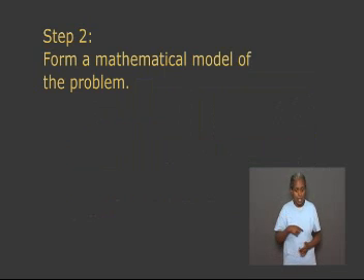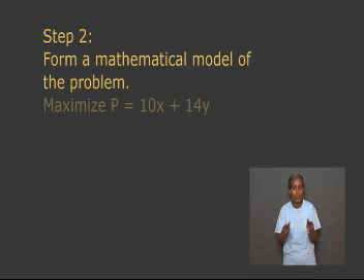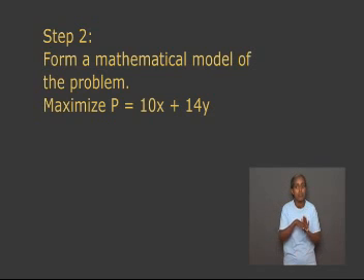Our second step is to form a mathematical model of the problem by introducing decision variables and expressing the objective function and the constraints of these variables. We can use variable x to represent the number of Model A radios.